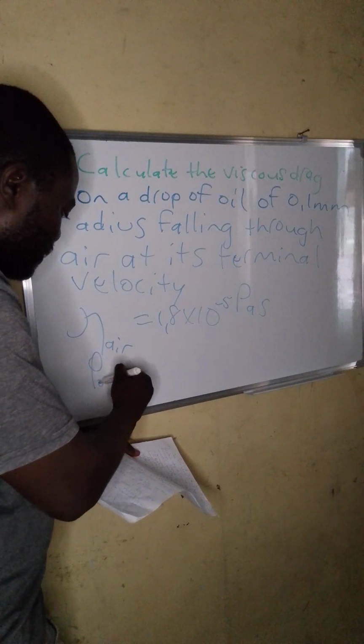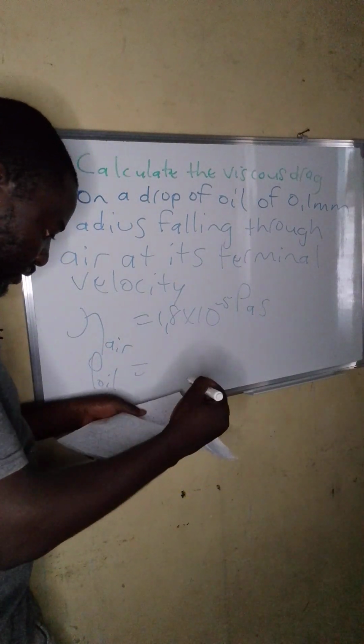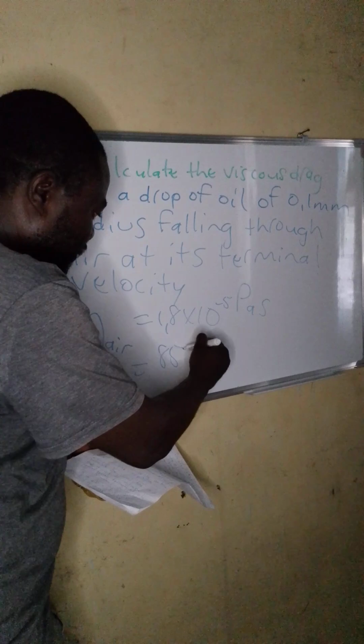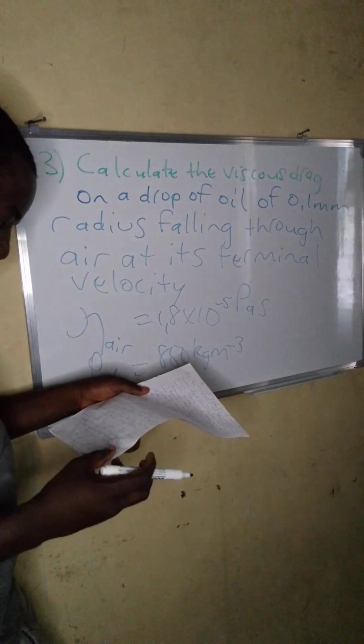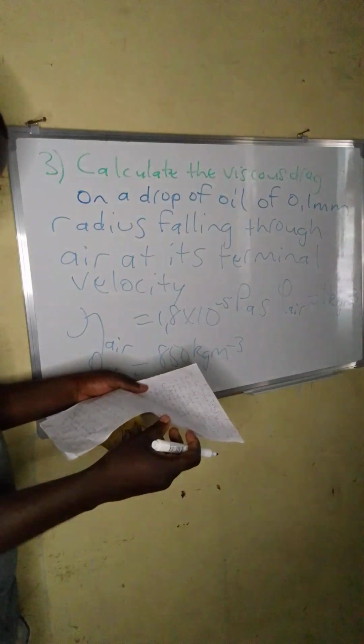The density of oil is 850 kilograms per cubic meter. The density of air is 1 kilogram per cubic meter.